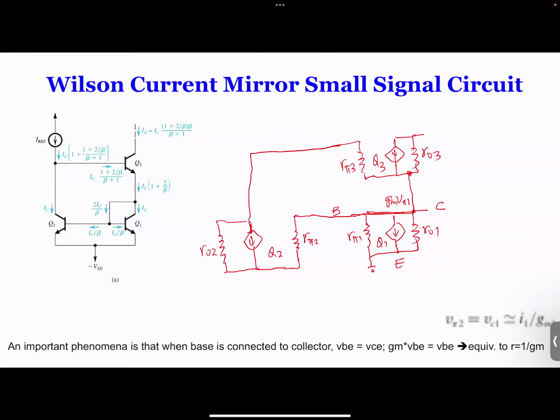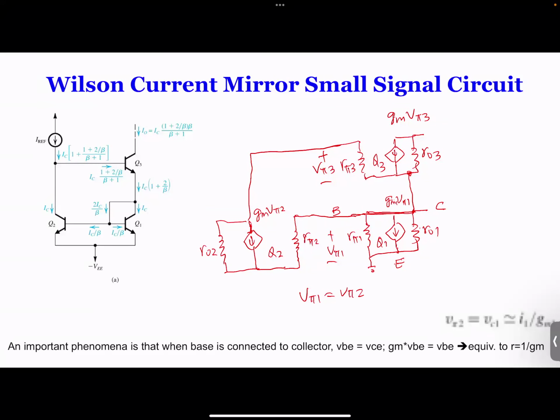So what we need to mark up is from here to here is V pi 3, and here is GM times V pi 3. And this one is GM times V pi 1, this is GM times V pi 2. And we know that V pi 1 is same as V pi 2, which is over here. They're the same.